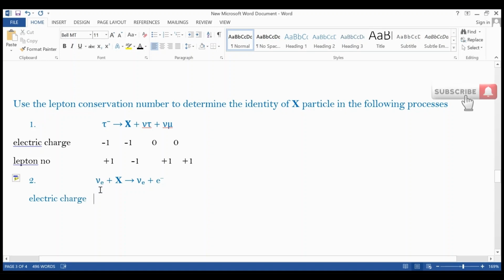For the electric charge on the electron neutrino, the electric charge is 0, and also on the electron neutrino, the electric charge is 0, while on the electron it is minus 1. So in order to conserve electric charge, the X particle should be assigned the value of minus 1. Now the lepton number.